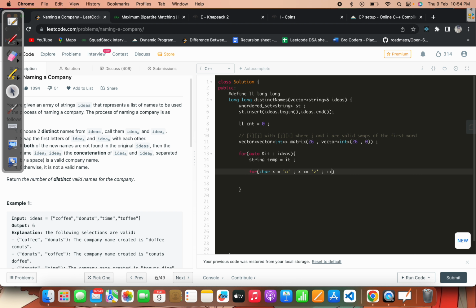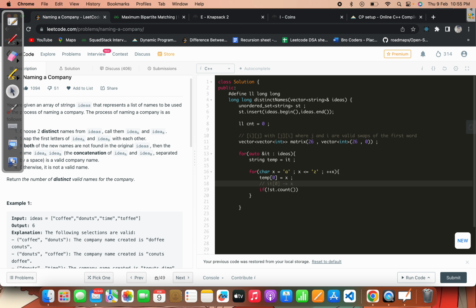Okay, so now let's replace it, and we have to see after swapping if it's not present in our original ideas. That means if the string is not present in our ideas list, we will increment the matrix. That means that we will increment the matrix where we are going from it 0 to x. Okay, so that's what we will implement in matrix.